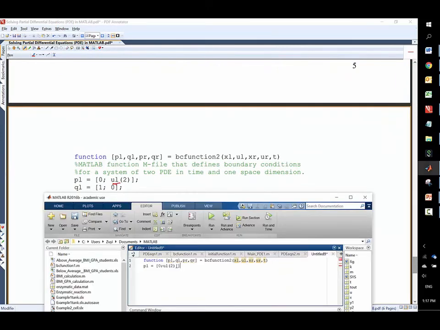Okay, so we get UL2, so this is PL. Okay, it's not P1, it's PL. So similarly, QL equal to 1 and 0.